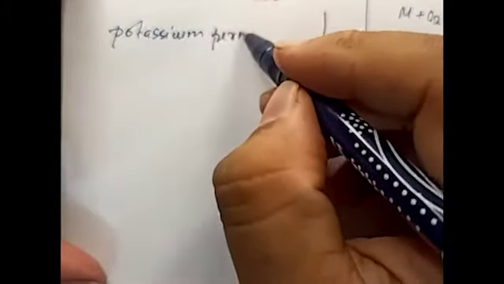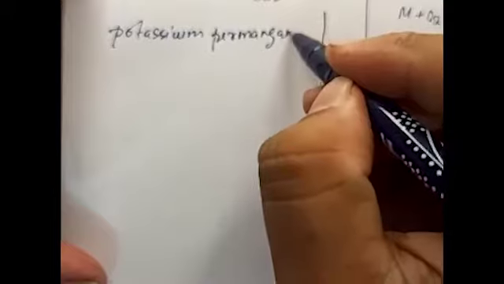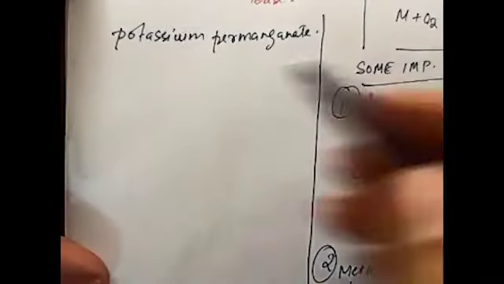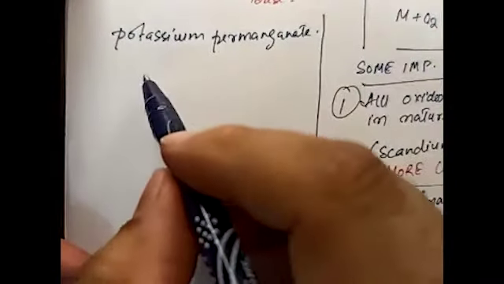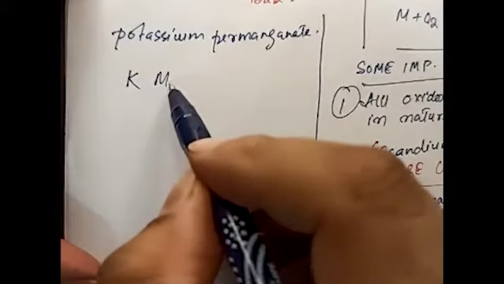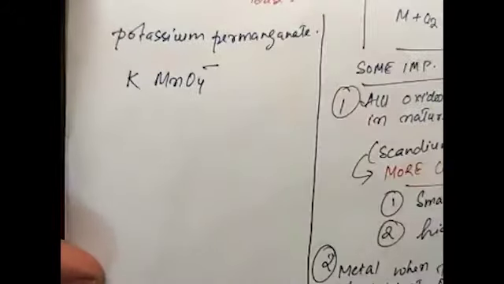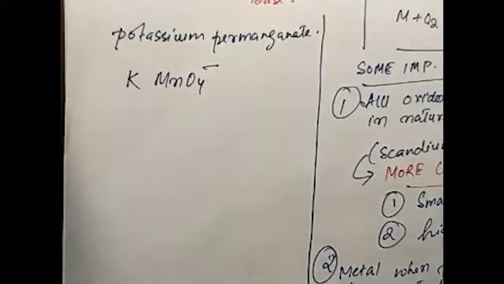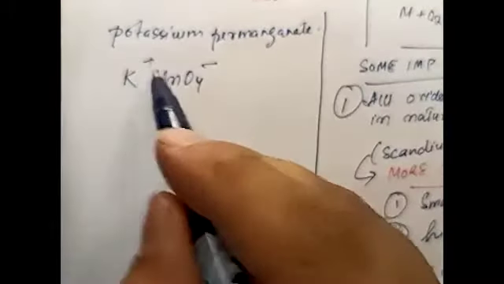One of the titrations uses potassium permanganate. Potassium permanganate formula is KMnO4, K plus MnO4 minus.